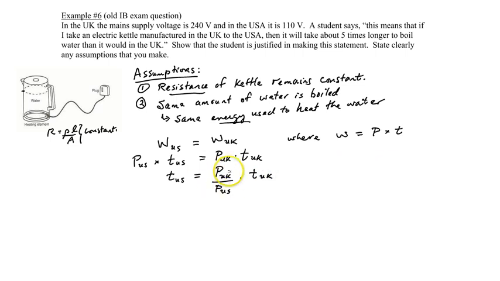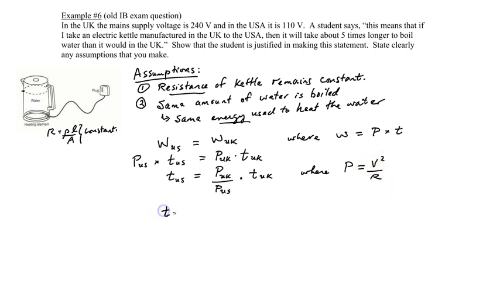So now we need to replace the power. So let's bring in that voltage. We don't know the current, so I think it's better if we use the voltage and the resistance, because the resistance is constant. So hopefully you recall there is a formula that relates power and voltage and resistance, and that's power equals voltage squared divided by resistance.